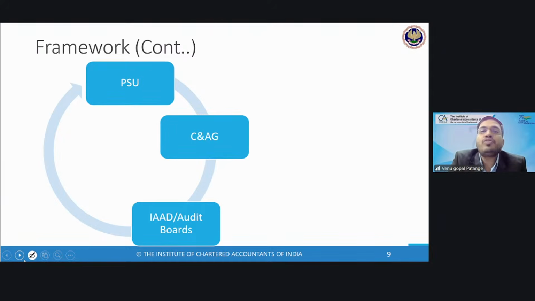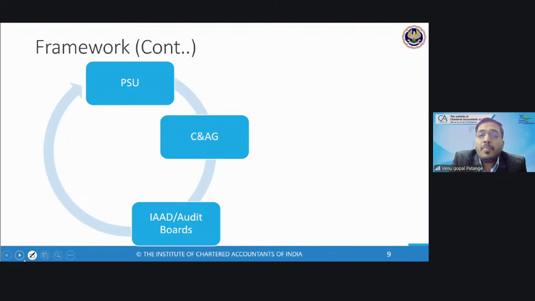As individuals, based on C&AG's directions, they will go and perform the audits. While performing audit, they may find some irregularities or issues that they have to discuss with concerned department people, and only after that do they compile and submit reports to IAAD or C&AG.